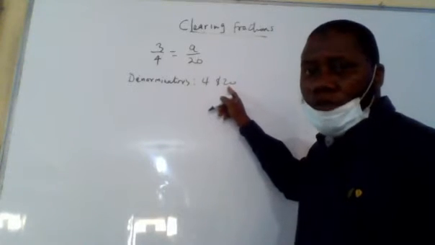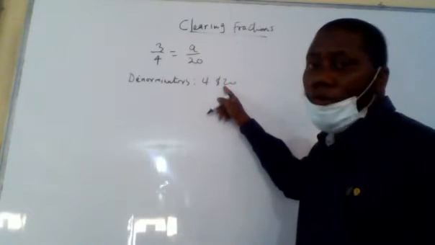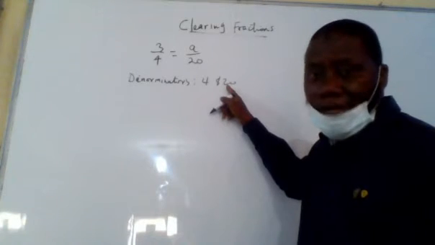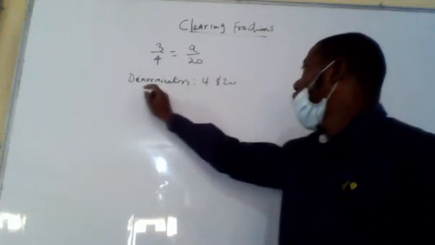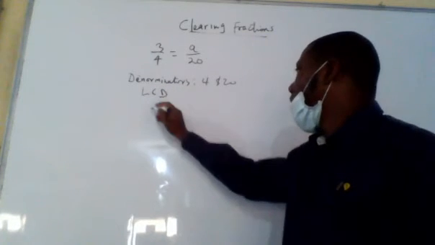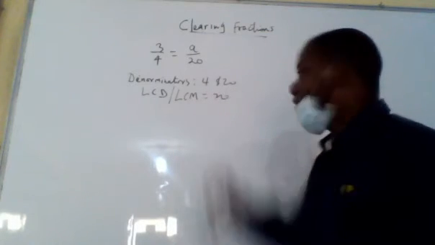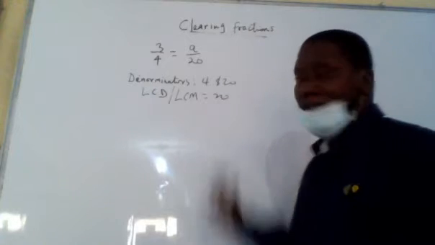Why have we chosen 20? It's because 4 can go into 20 without a remainder. 20 can also go into 20 without a remainder. That is why we have chosen our LCD to be 20. LCD, or the one you call LCM, is 20. So we have identified our LCD.